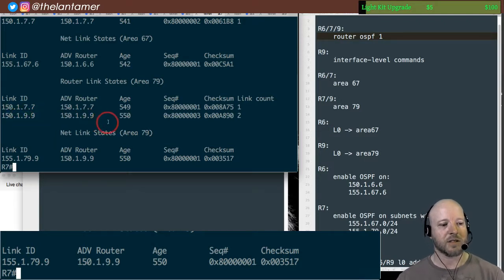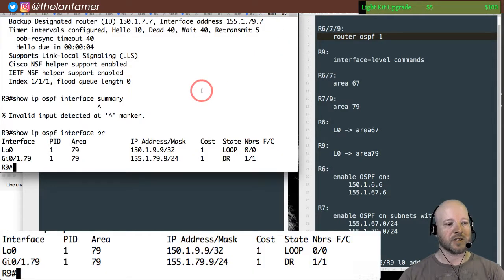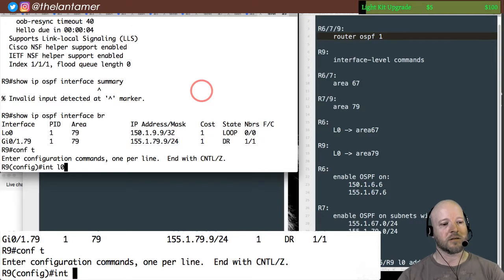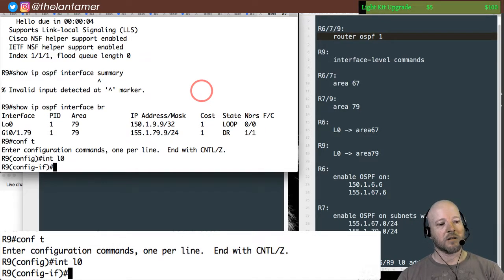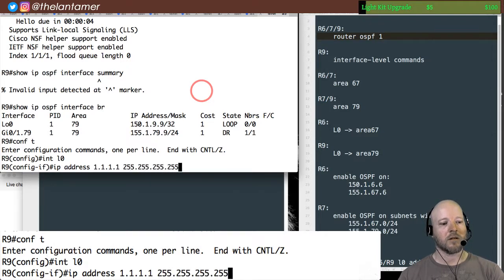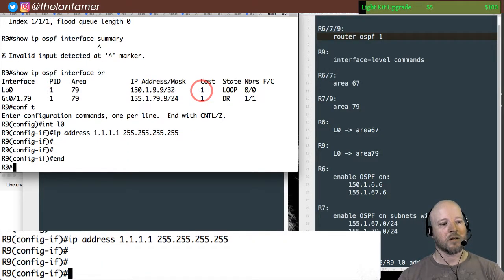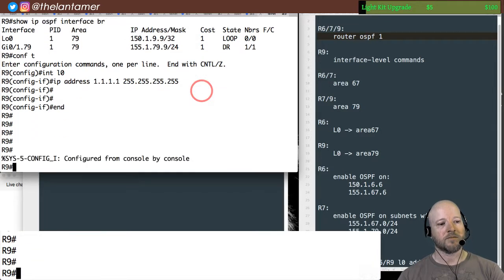So here's a question. What if on router 9, I change the loopback IP address to 1.1.1.1?